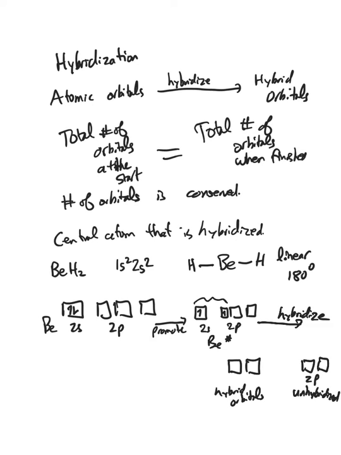So we start out with 4 orbitals with a beryllium. We're winding up with 4 orbitals. So we've conserved the number of orbitals. And these hybrid orbitals, they're just alike, and we're going to refer to them as being sp orbitals.